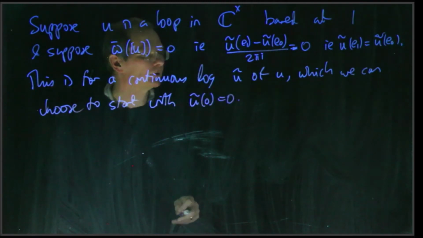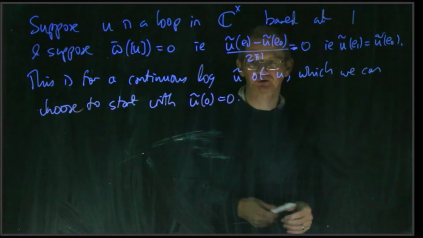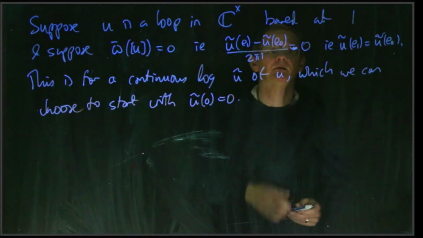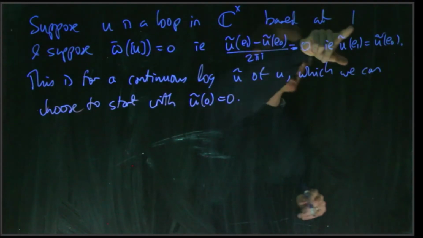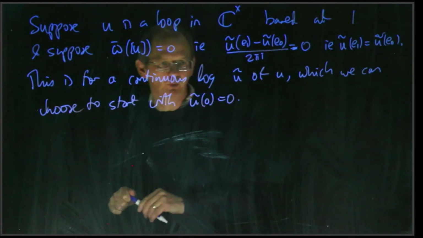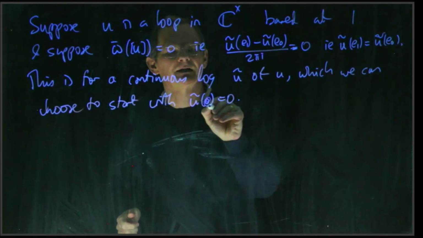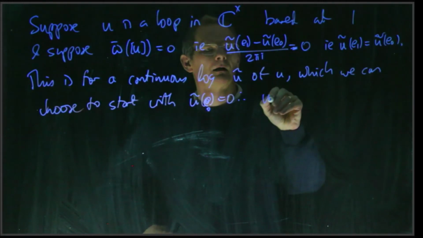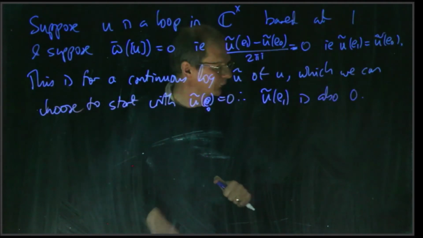If you remember how we did these continuous logarithms, you choose the value of u tilde of 0. It can be any logarithm of u of 0, and then you proceed from there. In this case, remember, this is a loop based at 1, so u of 0 is 1, and u tilde of 0 can be any choice of logarithm of 1. So we might as well take u tilde of e0 to be 0. So u tilde of e1 is also going to be 0.